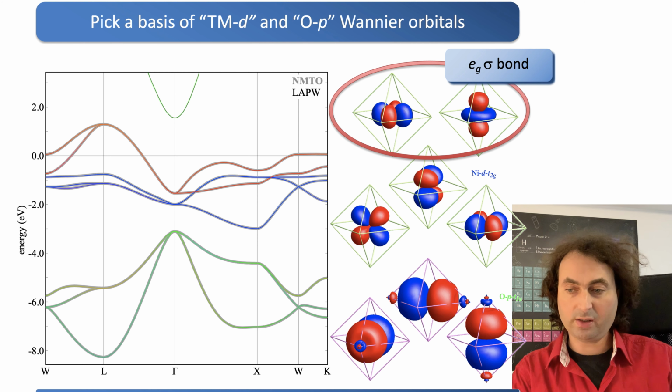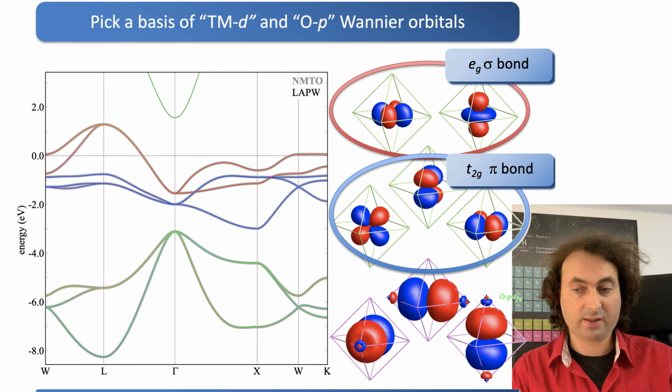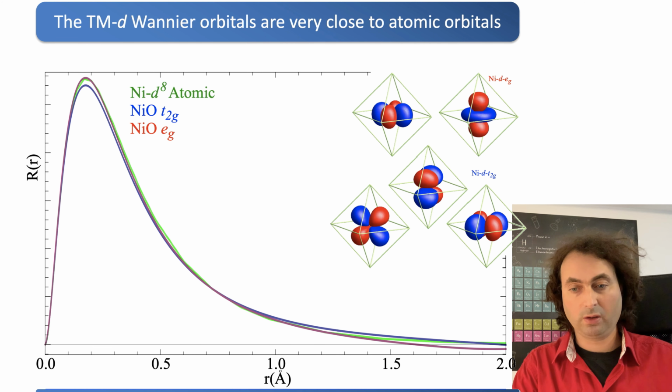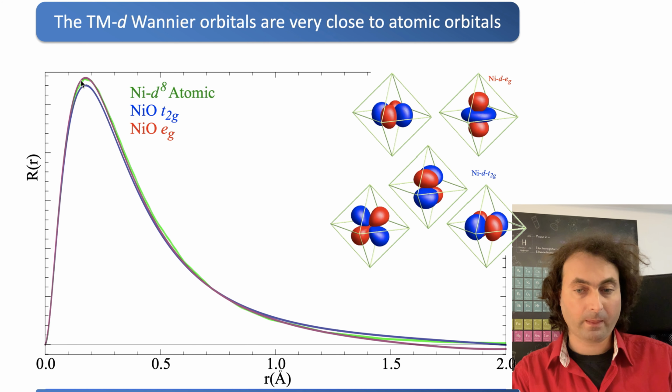So we have the eg orbitals for the nickel that make sigma bonds, and we have the t2g orbitals that make pi bonds. If you look at the nickel wave functions, then in green here you see the atomic radial wave function, in blue the t2g, and in red the eg orbital. Now the eg orbital points towards an oxygen atom such that it needs to have a node at the position where the oxygens sit, and that indeed happens.